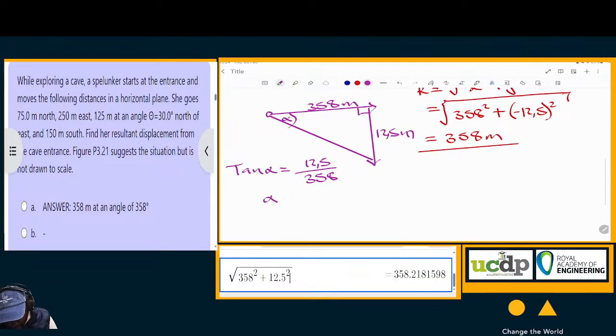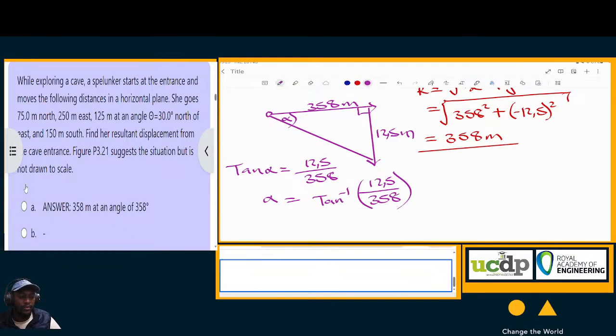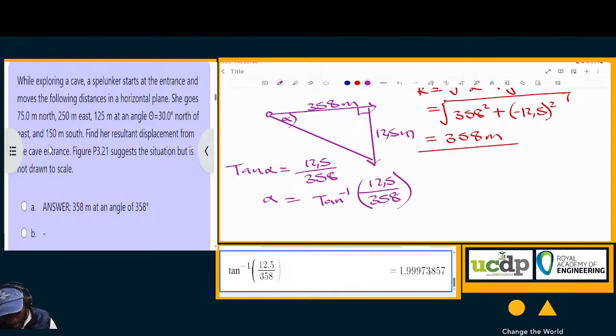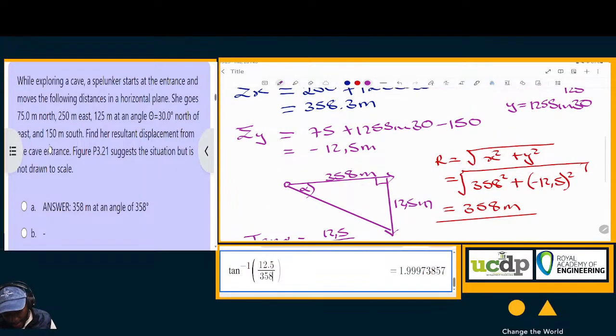So to get that alpha, it will be tan inverse of 12.5 over 358. Then you punch that. You get 1.99, which is 2 degrees, but that is not our answer.